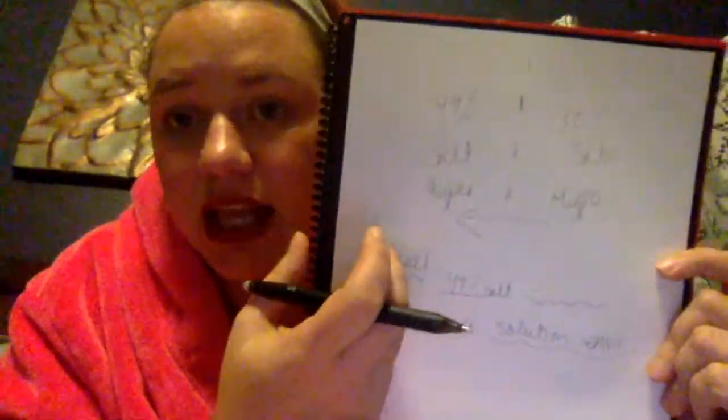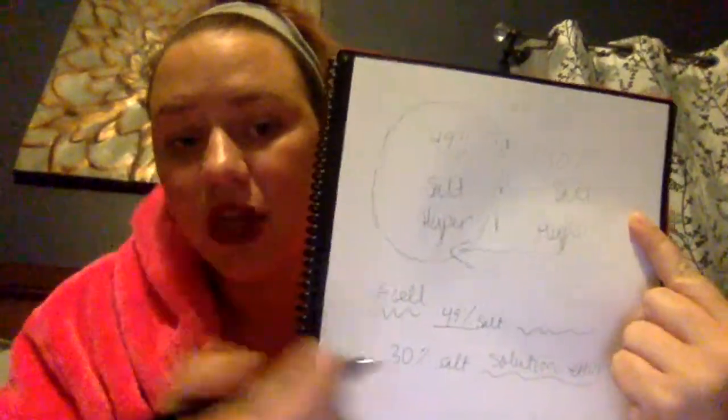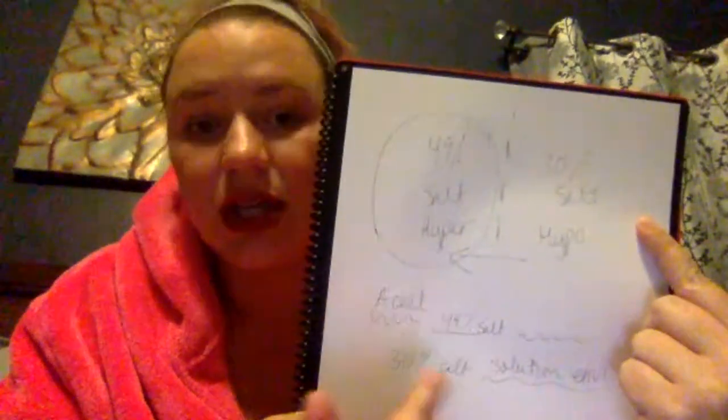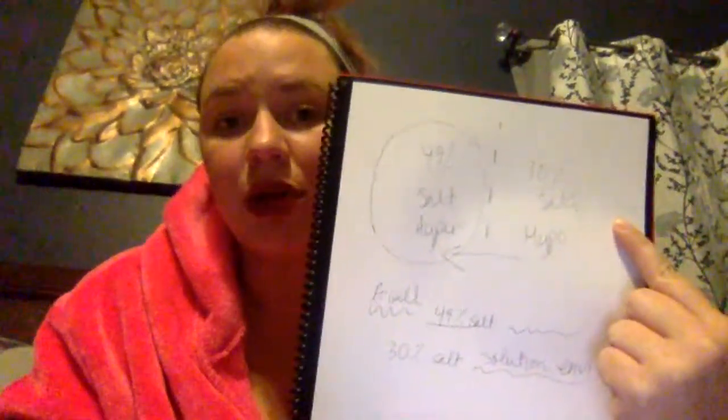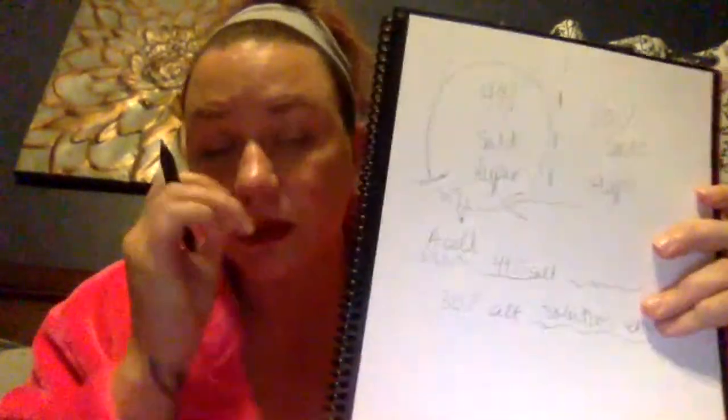Now you just have to tell me what happens with the cell. So now I'm going to draw a cell around hyper at 49%. Water is now coming into my cell because of that picture. Just like you would fill up a water balloon, water's going into it, and at a certain point it can only take so much and eventually it will burst. And we call that lyse.